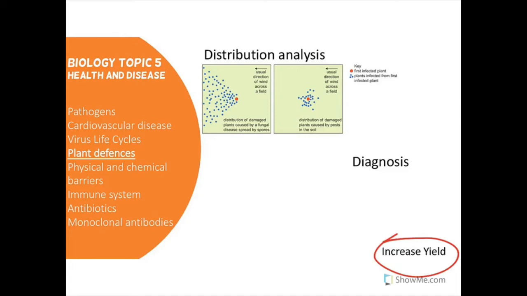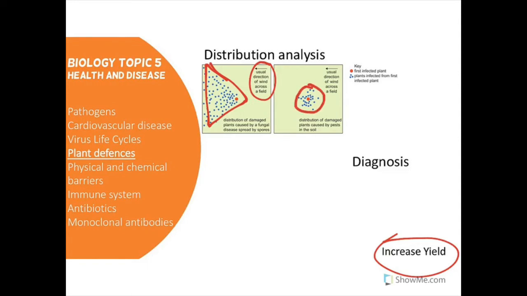So what they will do is they will look at how basically the diseased plants are spread in that field. This can give lots of information. So if the wind is usually blowing to the left and the area that is being affected looks something like that, then this is probably going to be a fungus which is being spread by spores in the wind, or maybe a bacteria even.